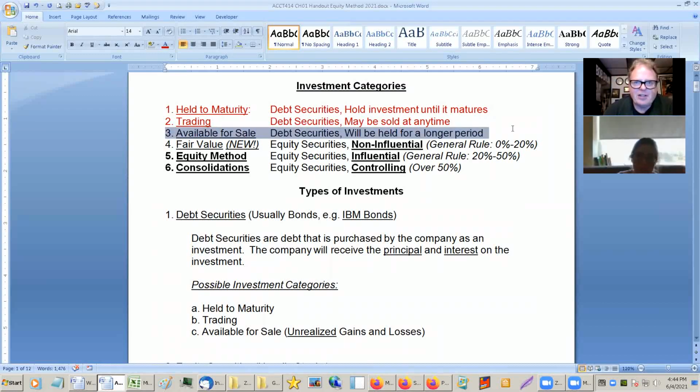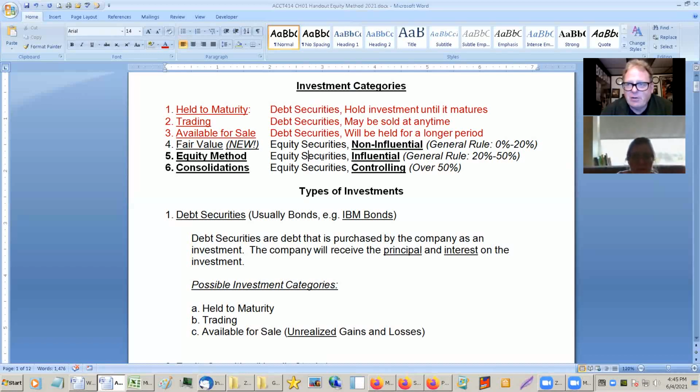And I know these are kind of vague terms, but the last one there is available for sale: debt securities that are going to be held for a longer period of time. Now, this means they're not immediately available for sale. It could be you're going to sell them in 3 months, so it may still be a short period of time, but it's not immediate.